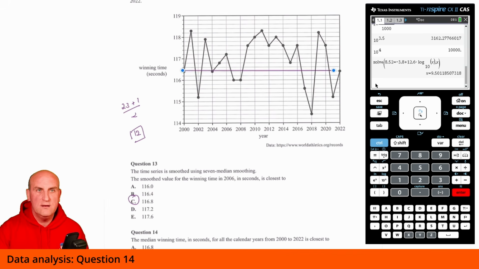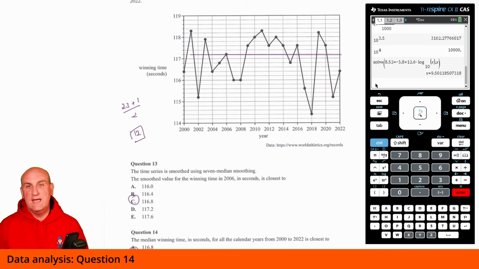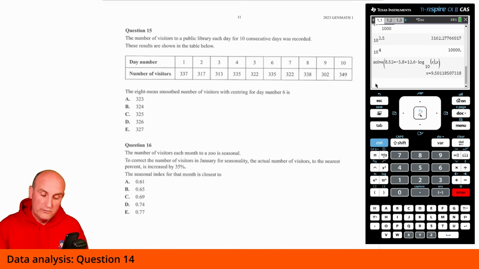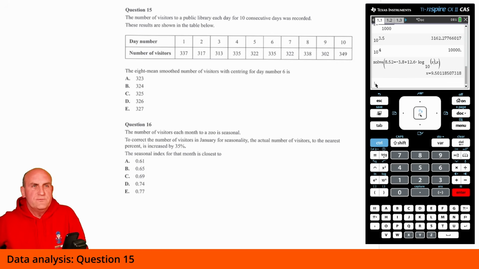Sorry, there's one over 9, 10, 11, and 12. So there we go. That would mean that this dot here, and I would read that off as 117.2, which would give me B for there as well. So again, knowing how to do that whole sliding thing with your ruler, it has been really important in this one here.